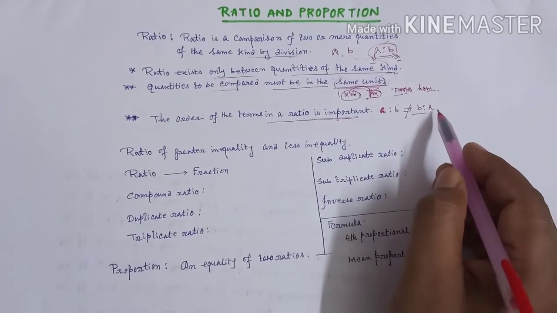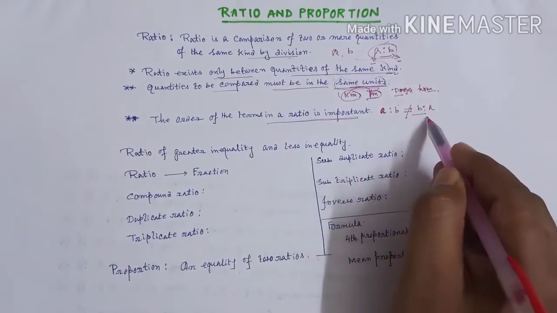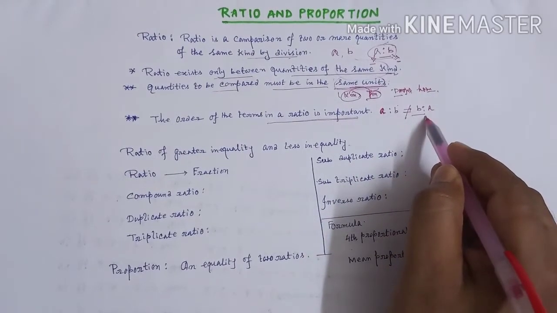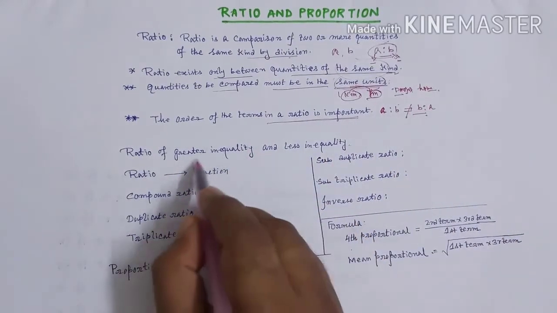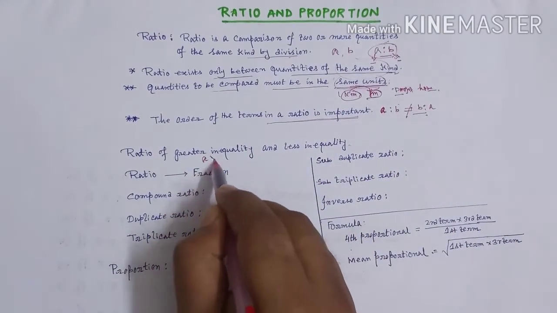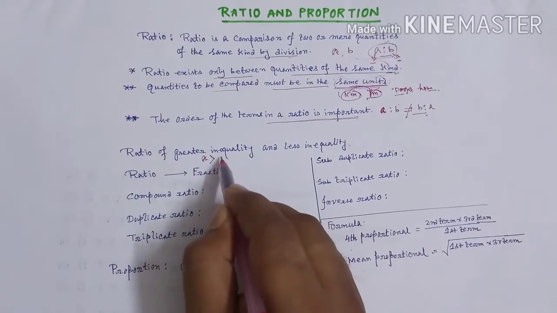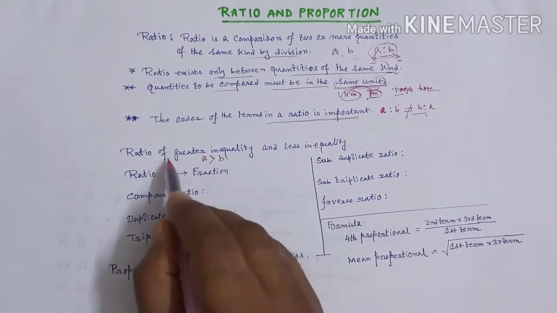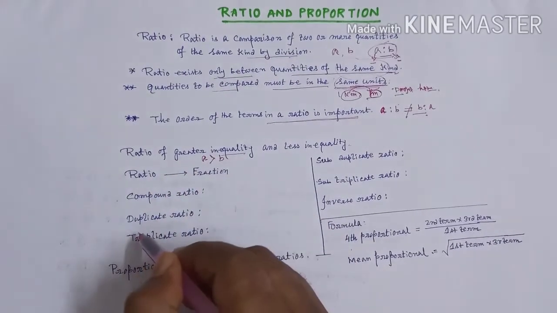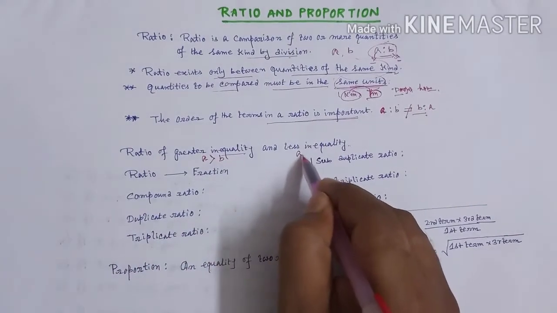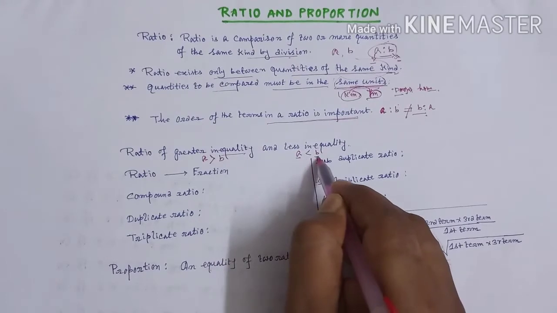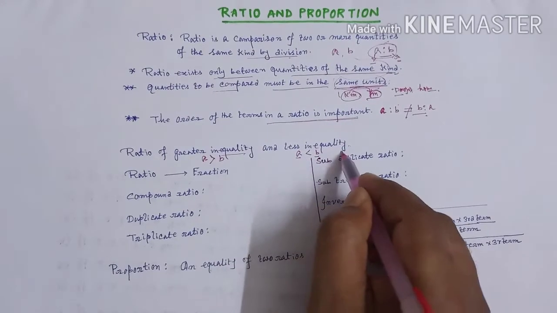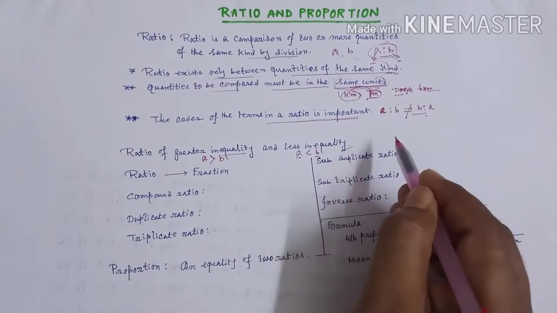Now, on the basis of the antecedent and the consequent, if the antecedent is greater than the consequent, we say it is a ratio of greater inequality, and if the antecedent is less than the consequent, or the first term is less than the second term, we say it is a ratio of less inequality.